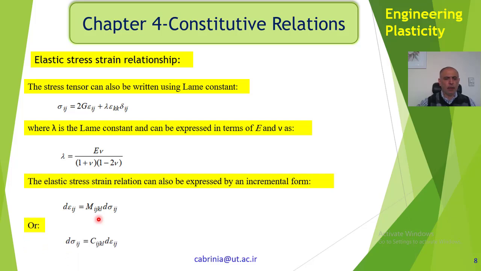Either we put d epsilon ij equal to M ijkl d sigma kl, or we write sigma ij equal to C ijkl d epsilon kl. We call this the stiffness constant, and this is the ductility constant.